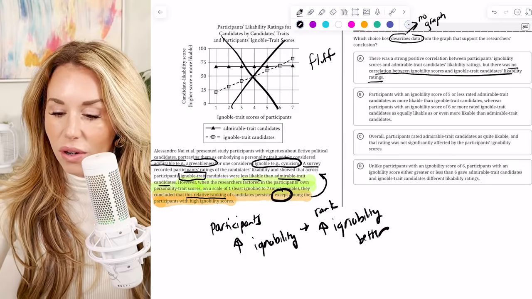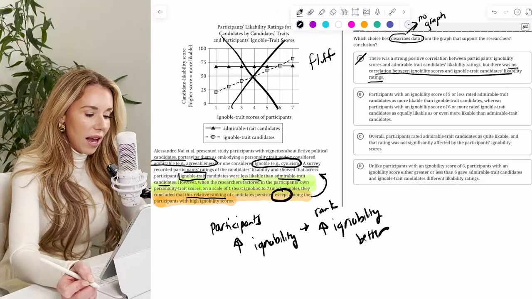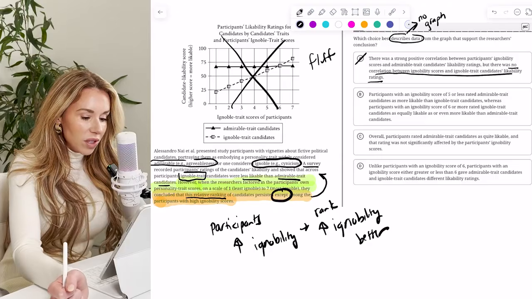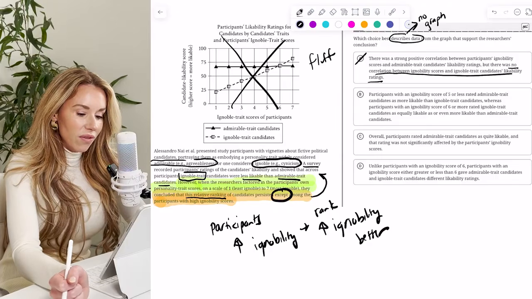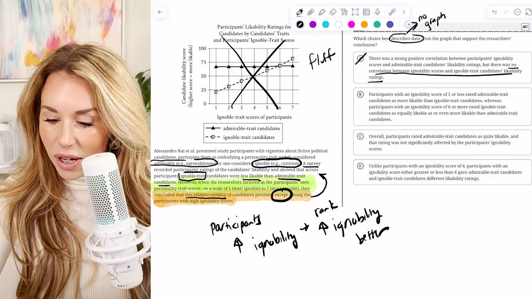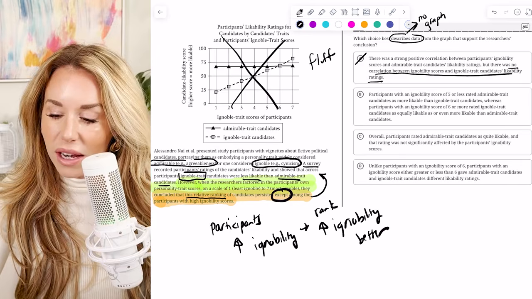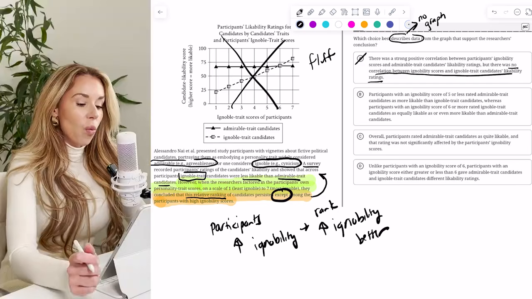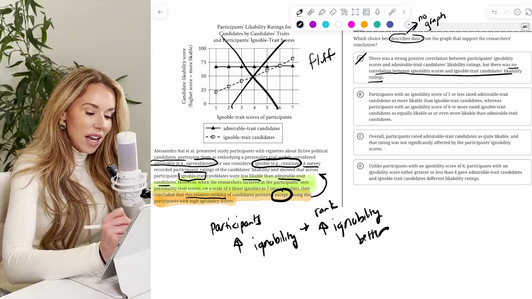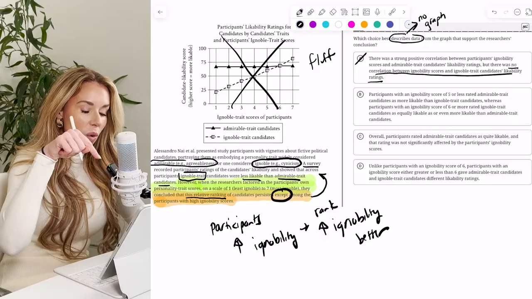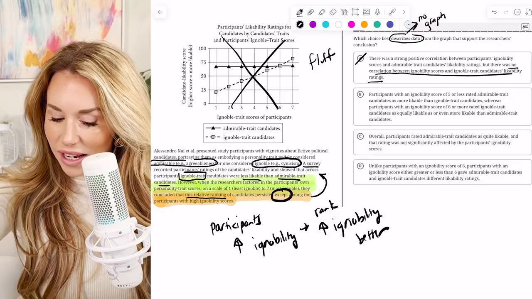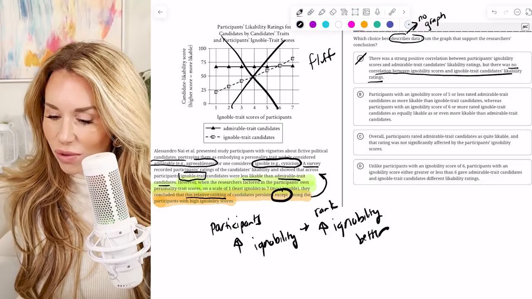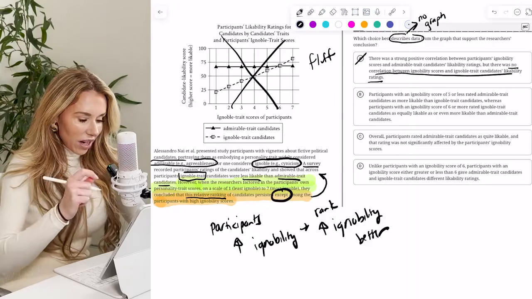They did find a correlation, so we're going to get rid of A. B says participants with an ignobility score of 5 or less rated admirable trait candidates as more likable than ignoble trait candidates, whereas participants with an ignobility score of 6 or more rated ignoble trait candidates as equally likable or even more likable.